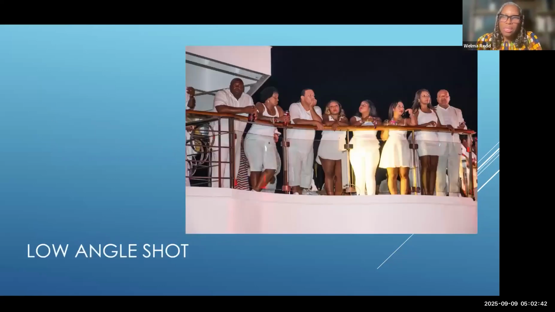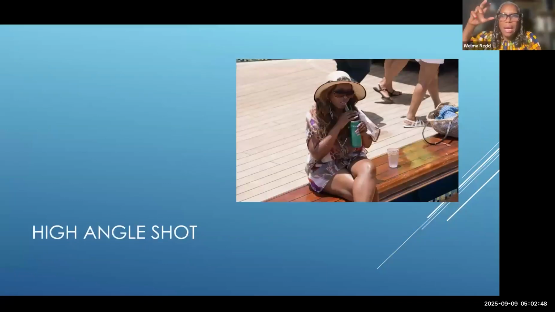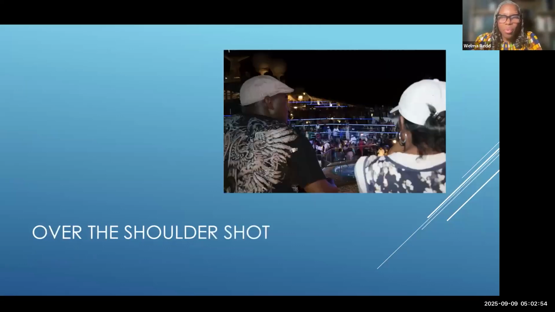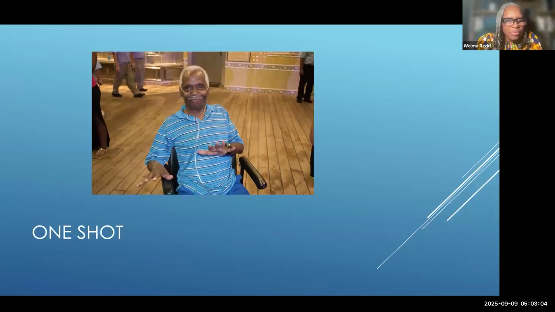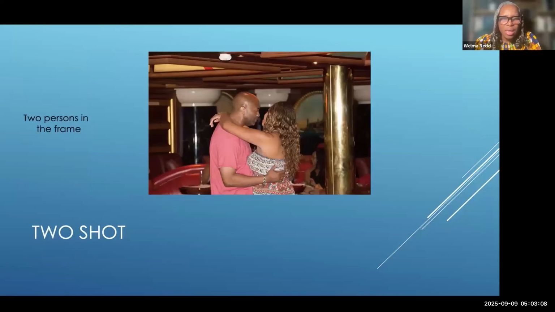Low angle shots give prominence to your subject, whereas high angle shots may diminish the subject. What you want is a shot that's neutral, where the lens is right at the level of the eye. This is one shot, a neutral shot.